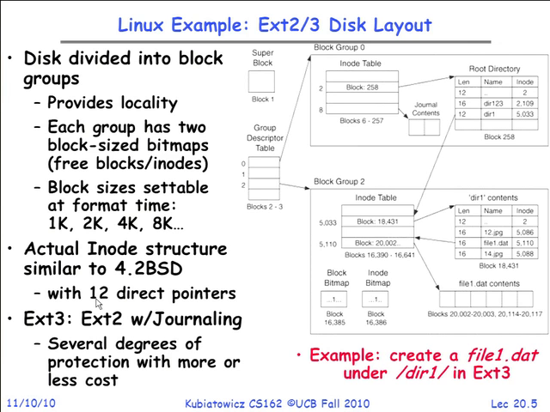So the format's almost identical. Another interesting thing that they did was you can set the block size at the time that you format. So you could ask for a 1K block size if you want, and you'd get stuck with about 16 gigabyte maximum file size. Mostly you get 4K, and that's a pretty common number. And there you get, what, 4 times 16 gigabytes, right? So you get 64 gigabyte maximum file size.